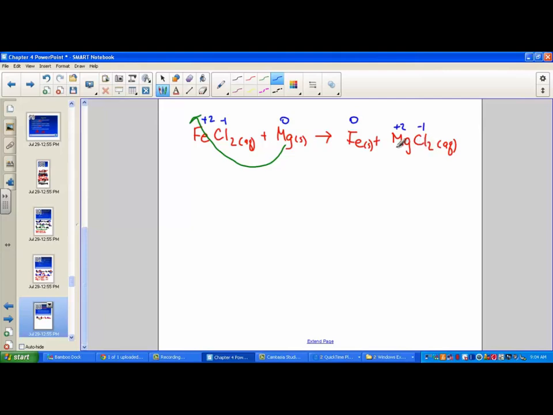If you've properly identified chloride as the spectator and eliminated it, this is what your net ionic equation looks like. The aqueous ion of iron reacting with metallic magnesium, forming metallic iron, and the aqueous ion of magnesium.